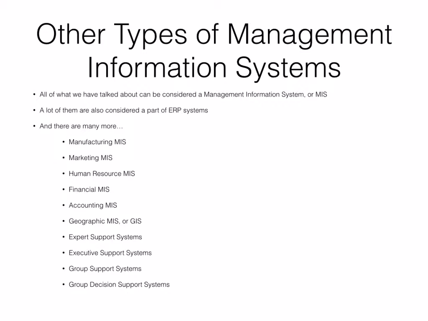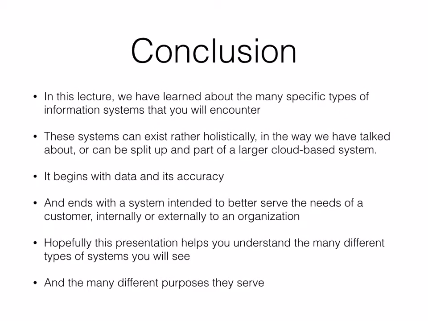And so, in conclusion, moving to our second to last slide, in this lecture I've tried to help you learn about the many different types of information systems, management information systems, ERP systems, and an understanding of the different types of applications for supply chain management, marketing, CRM, financial, managerial, and other types of things that you will encounter in the workplace.